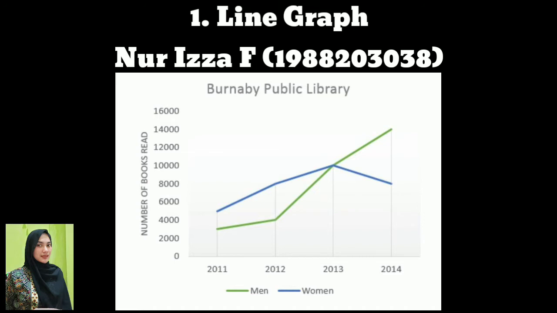However, in 2014, their number fell back to 8,000 again. Overall, there was a strong upward trend in the number of books read by men. Although women read more books than men in 2011, their reading fell to below the level of men in 2014.